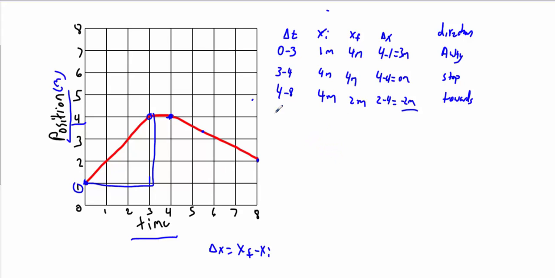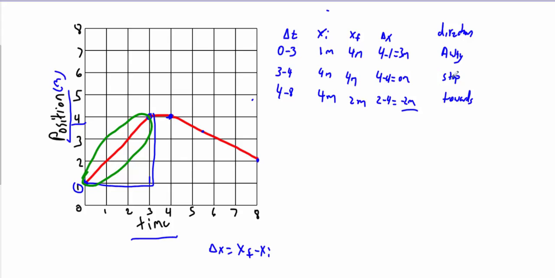Now, looking at this graph, I can see a couple of things based on the steepness of the slope and the direction of the slope. So let's go back to this interval. I can see that this interval is steeper than the last interval, and the middle one has no slope at all. This one's steeper. It covered 3 meters in 3 seconds. This one has no steepness. It's flat.